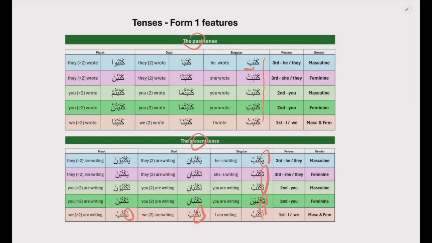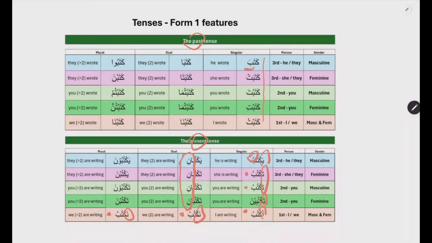If you look at the present tense, the main feature we said is a prefix, right? Yaktubu. You notice in all the singulars there's just the bu at the end, right? The ba or the dhamma at the end. If you look at the duals, the ani feature comes in. Just like in the noun, you have walad, waladani, bint, you have bintani.